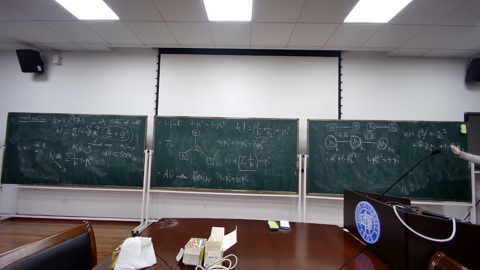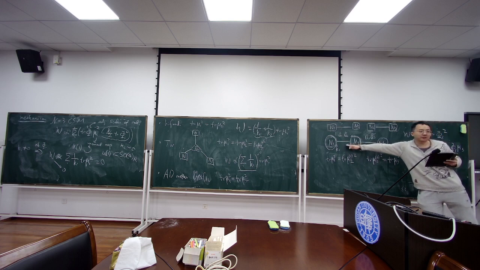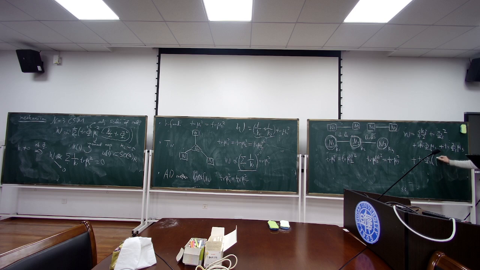So 1 and 3 are the same as before. However, for the 2, it's trace phi 2 because it's coupled with both the moment map coming from this hyper and the moment map from this hyper. So it's mu 2 1 and mu 2 2.